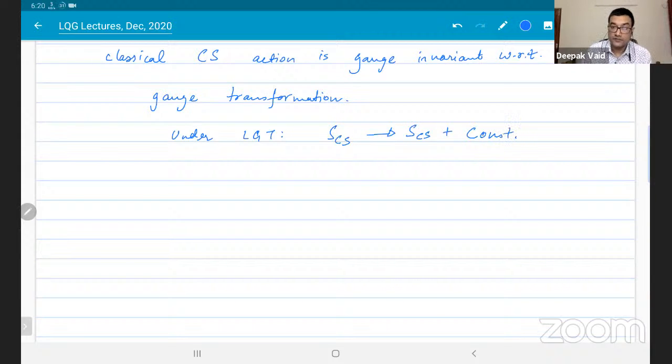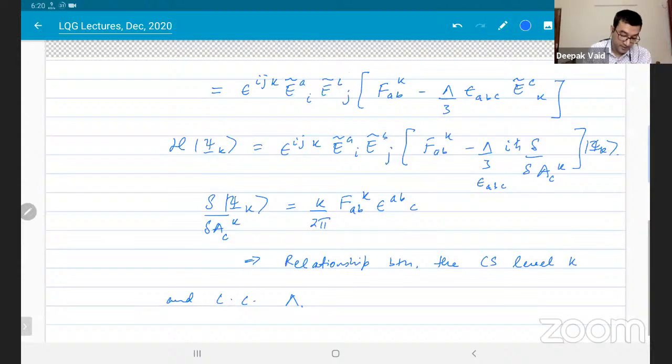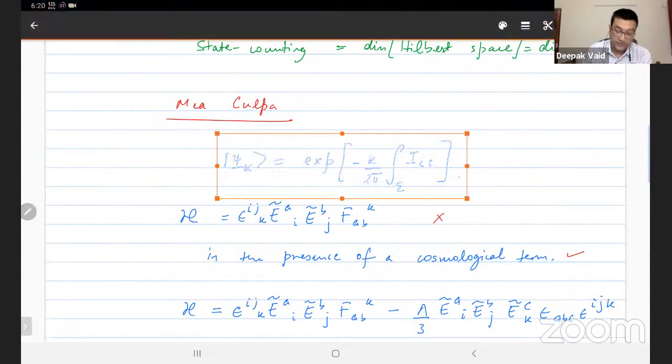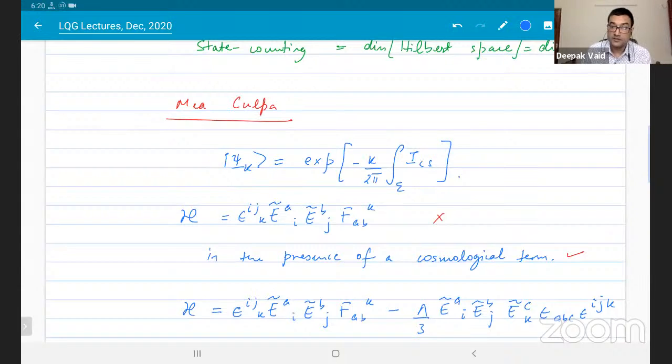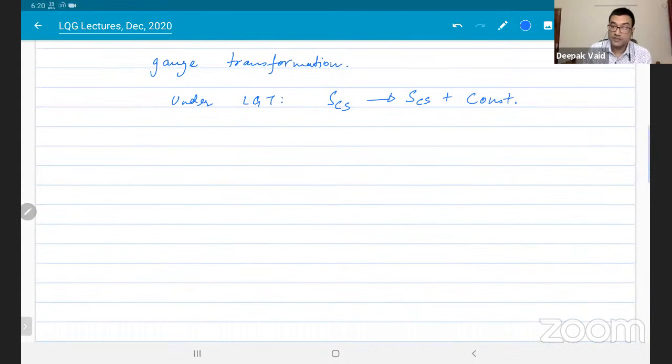and because of this shift, what will happen is that, let's say you write down this state, let's say you write down this exponential. Under a large gauge transformation, this will pick up an extra phase, right? So if you want the state to be invariant under this shift, what this implies, so this is some constant which is some function of k, it's just some k times something else, so this implies that k has to be quantized.